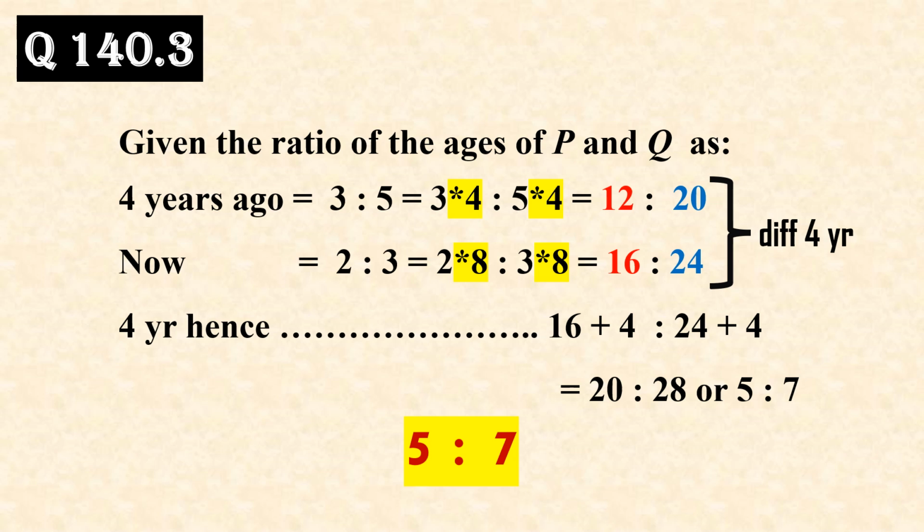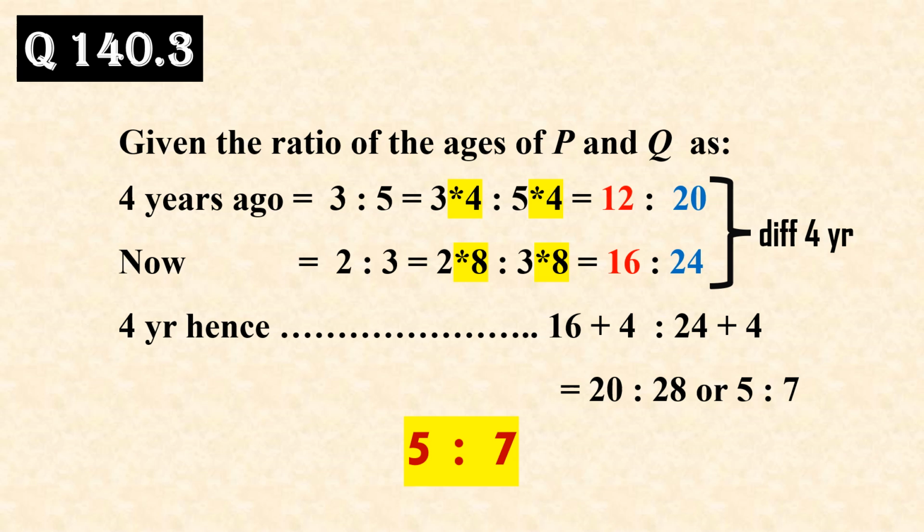Answer to question 140.3. The ratio of the ages of P and Q may be written as, 4 years ago, ratio was 3:5. Multiplying each term by 4, equivalent ratio is 12:20. At present, ratio is 2:3.